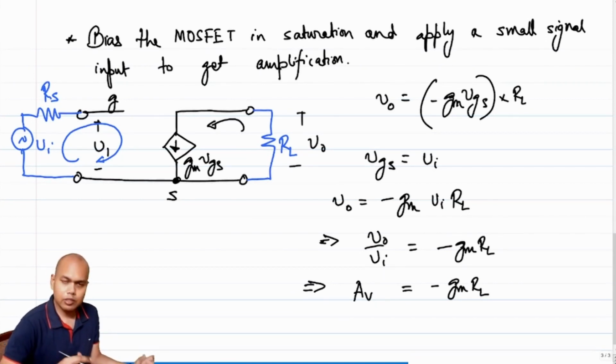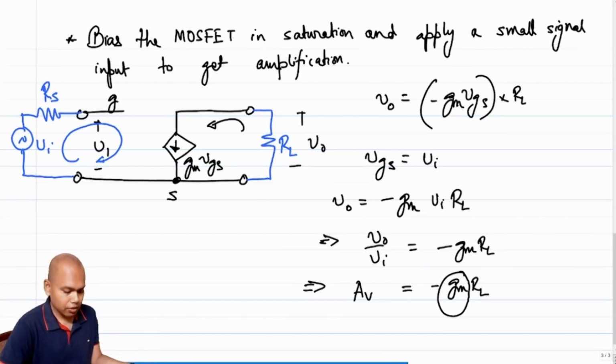And can this be made as high as possible? Clearly yes, because RL is fixed, since RL has been given to us by some external specification. But this value of GM is a designer control variable, right?